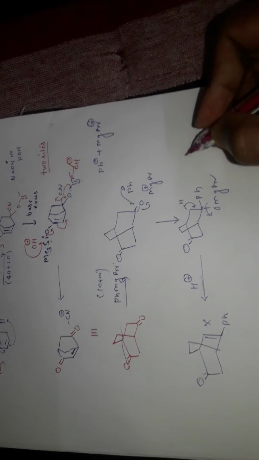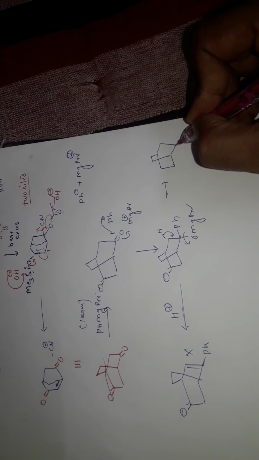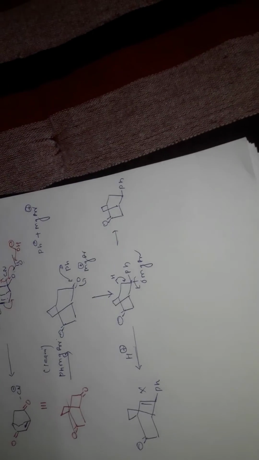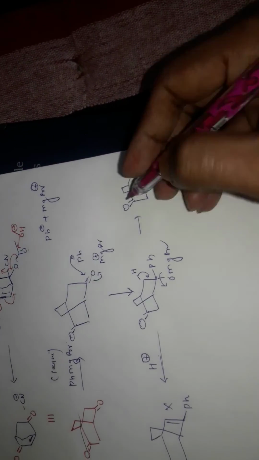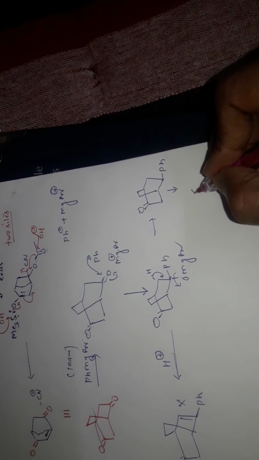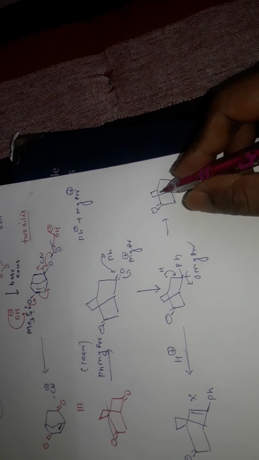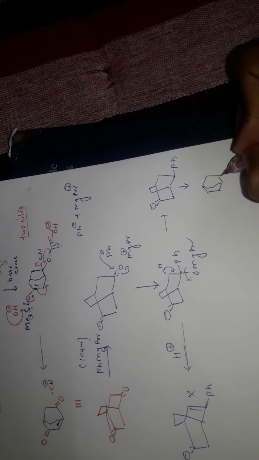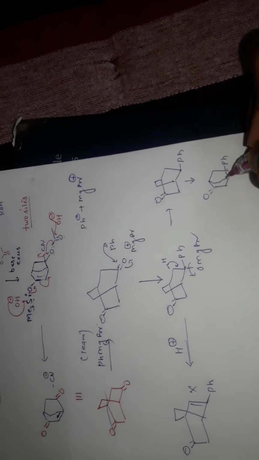So after that, it will form this, this is the Ph and this is the CO. So it is your final product here. So you can also mention this product like that, because this is a bicyclic system and 2 carbons are here, so you can mention it like that. Okay, so this is the Ph and this is the CO. So it is your final product here.